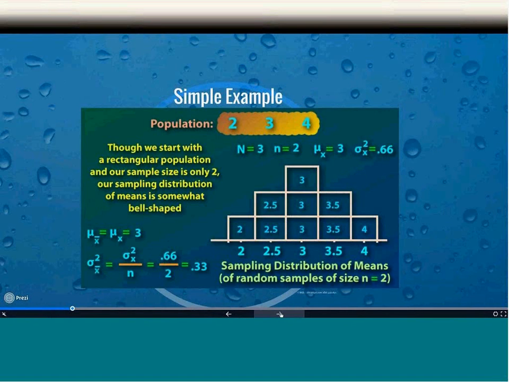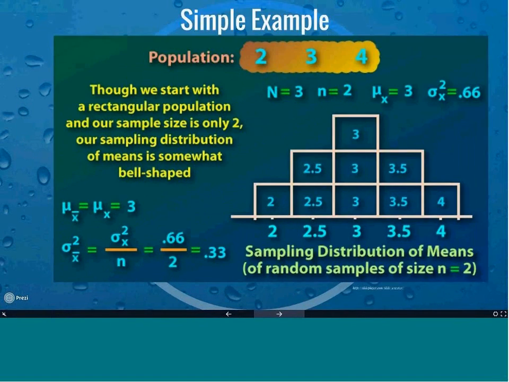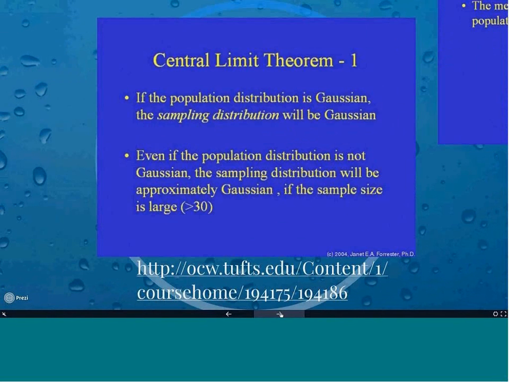All right. And then we have, from that sampling distribution, the theory. That means this is something that you need to hold on to. This is something that you cannot argue anymore. You simply have to accept this theorem. It's fixed. So the first central limit theorem said, if the population distribution is Gaussian, the sampling distribution will be Gaussian.